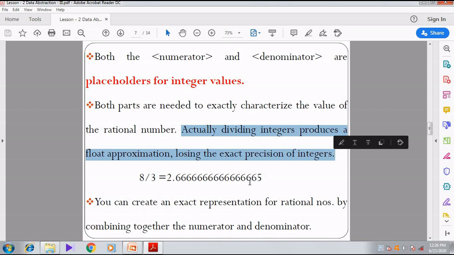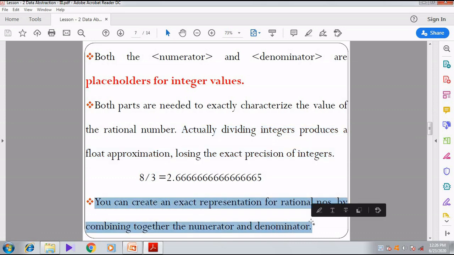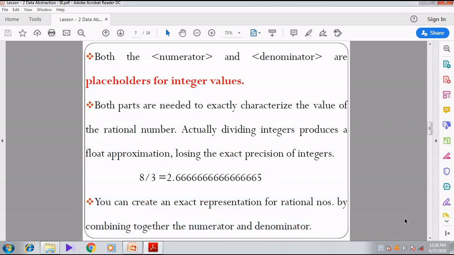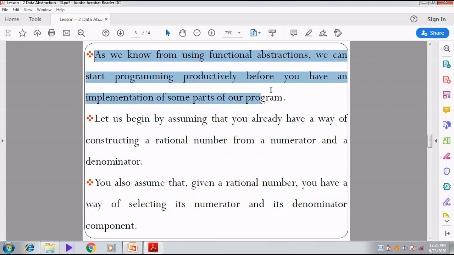You can create an exact representation of rational numbers by combining together the numerator and the denominator. So we want to combine the numerator and denominator for getting a rational number. As we know from functional abstractions, we start programming productively before we have an implementation of some parts of our program.